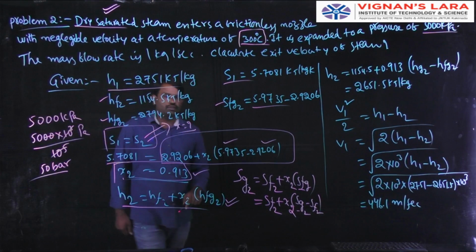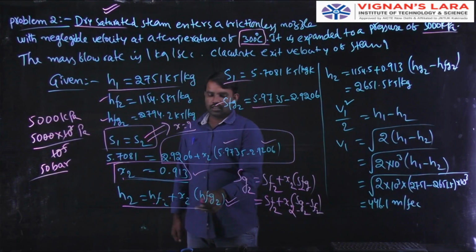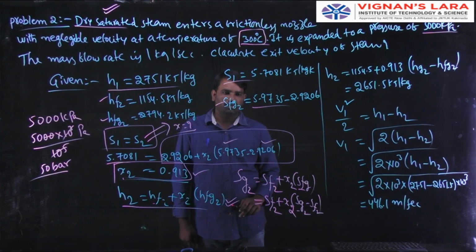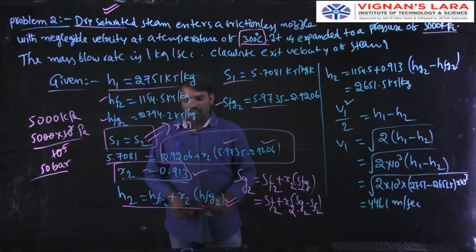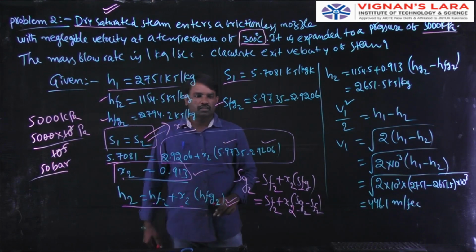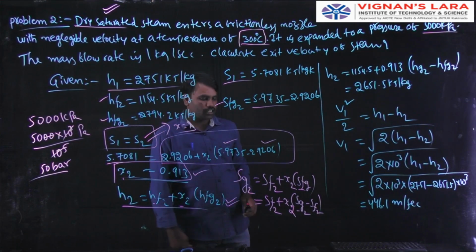At that 50 bar pressure, you can take HF2 and HFG2 values from the steam table book and substitute them along with the X2 value we determined using the entropy relation. Then you can easily calculate the H2 value.